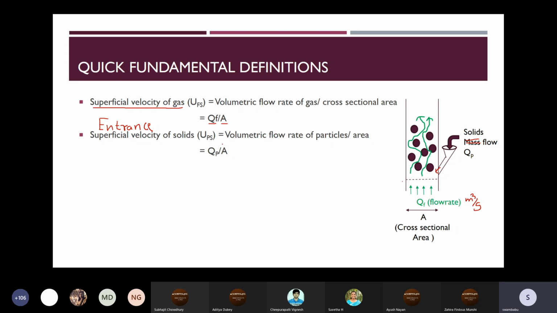I think I'm using solids and particles interchangeably. Kindly understand that solids, particles, and powder all mean the same.